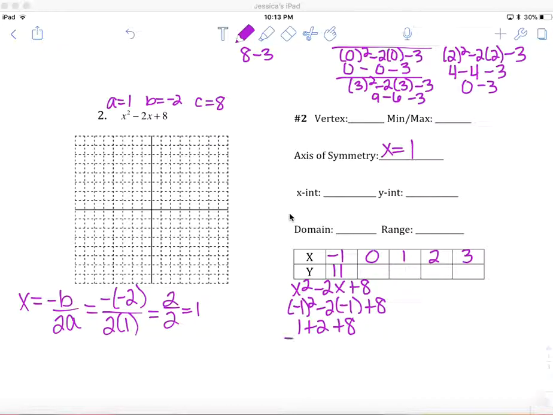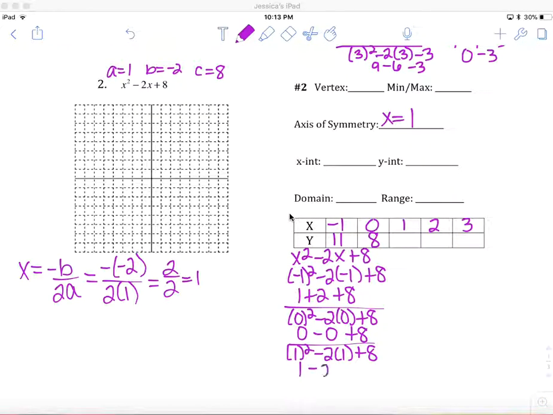For 0, I have 0 squared minus 2 times 0 plus 8. 0 minus 0 plus 8 is just 8. 1 squared minus 2 times 1 plus 8 would be 1 minus 2 plus 8. And negative 1 plus 8 is 7.